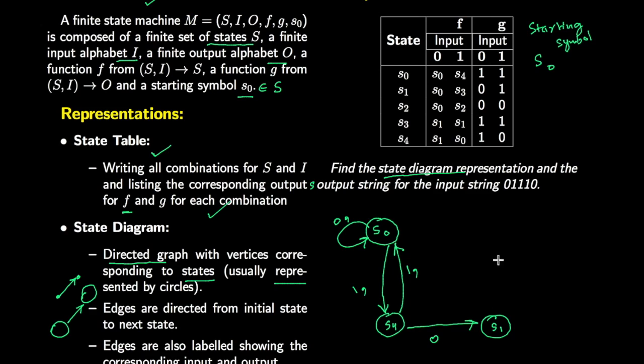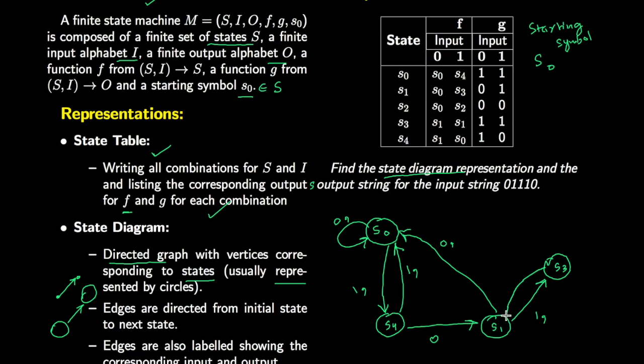Now for S1, if my input is 0, I go to S0, and if my input is 1, I go to S3. And for S3, if my input is 0, then I go to S1, and if my input is 1, then I go to S1.